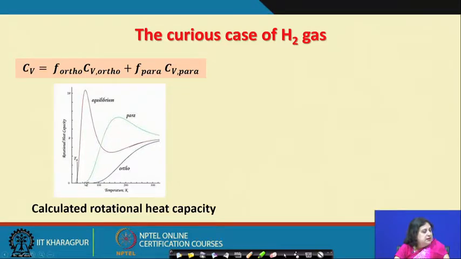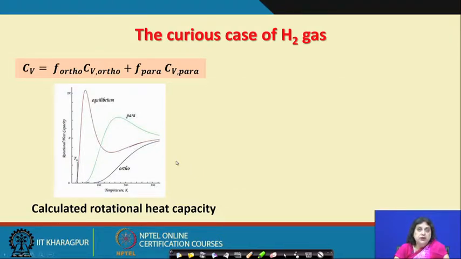understood that if the mixture is entirely comprised of para hydrogen, this is how the CV will vary with temperature. Had it been entirely comprised of the ortho hydrogen, this is how the specific heat would change with temperature.